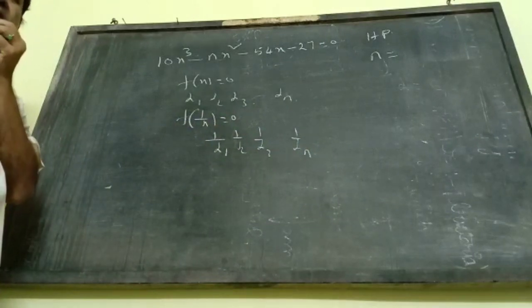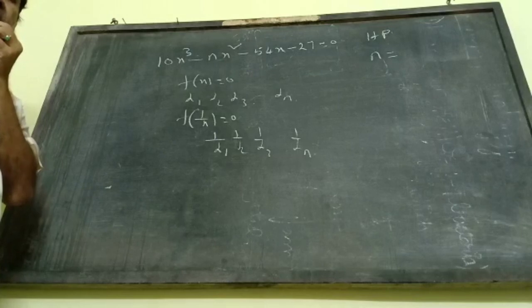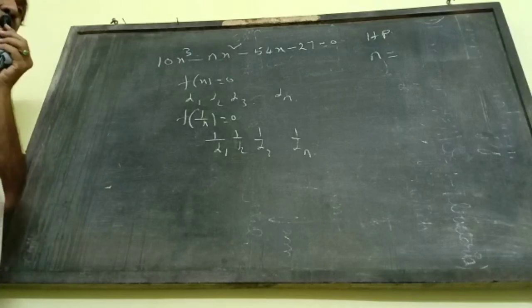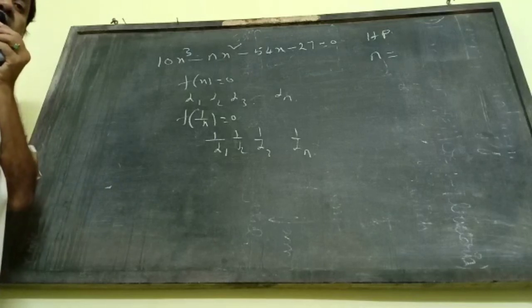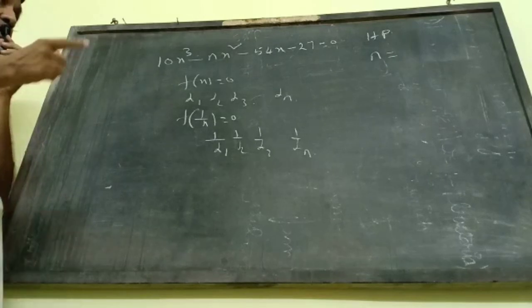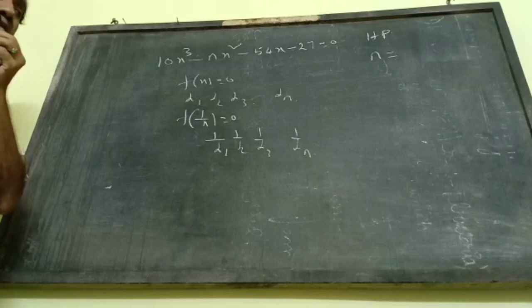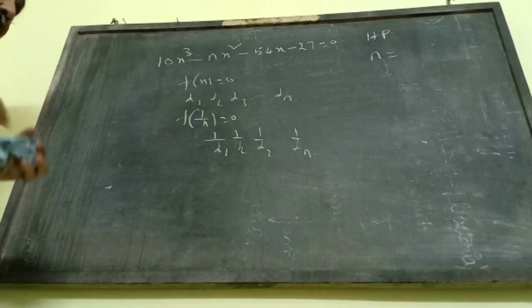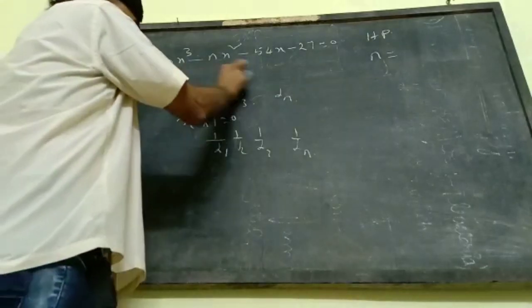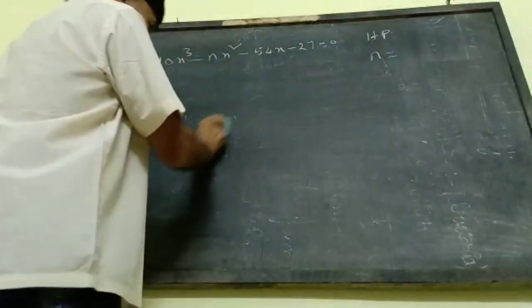I want to form an equation whose roots are reciprocals of the roots of the equation f of x is equal to 0. It means you simply replace x with 1 by x.